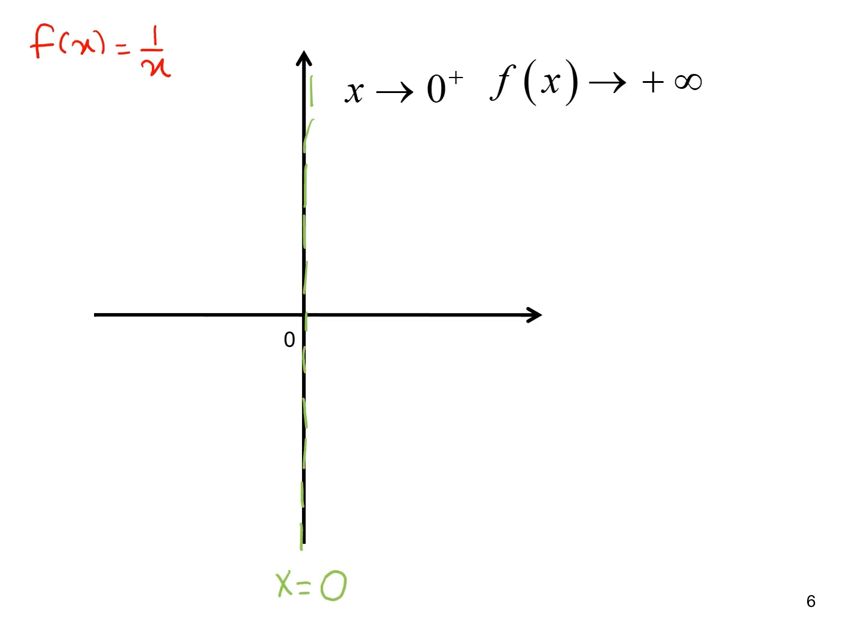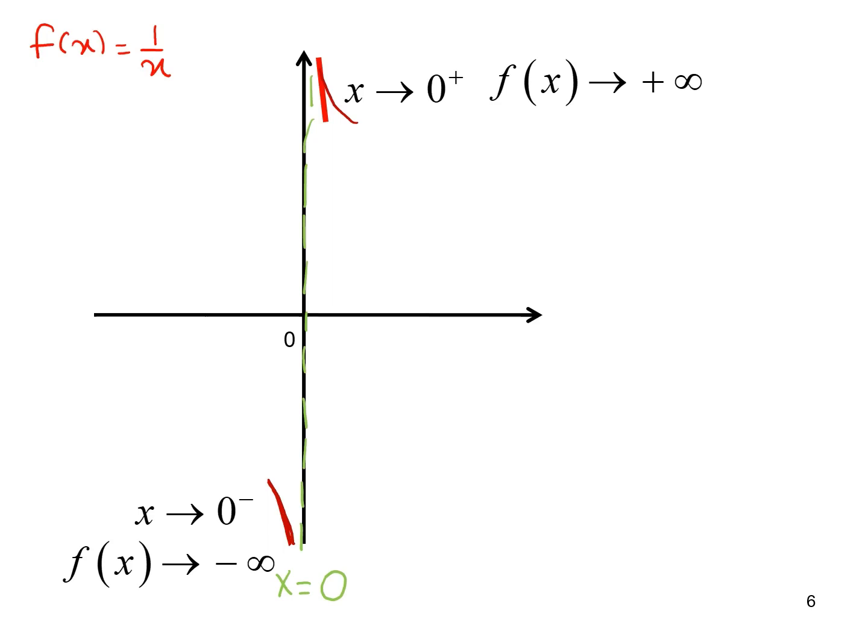Therefore, the graph might be somewhere here, approaching x equals 0. Next, when x tends to 0 from the left, f(x) tends to negative infinity. Therefore, the graph might be somewhere here, approaching x equals 0.